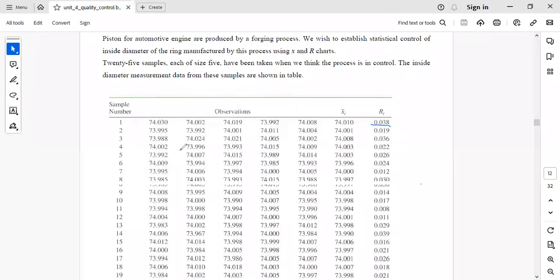And the smallest value? 73.992. Okay. So if you get the difference between the largest value and the smallest value, you can confirm whether it gives 0.038.